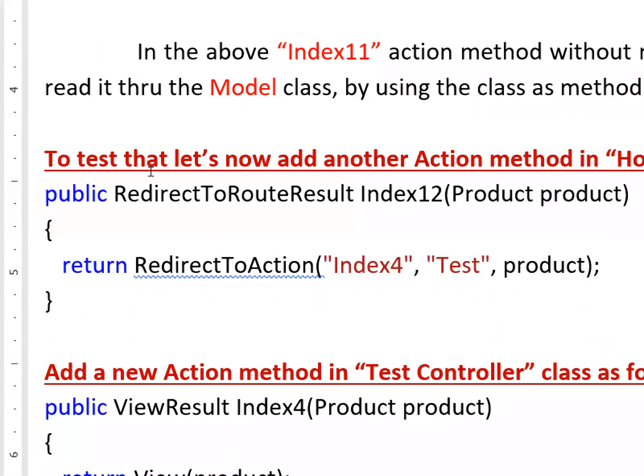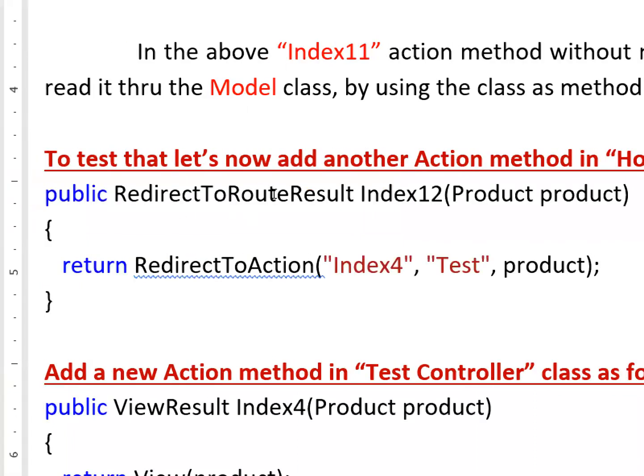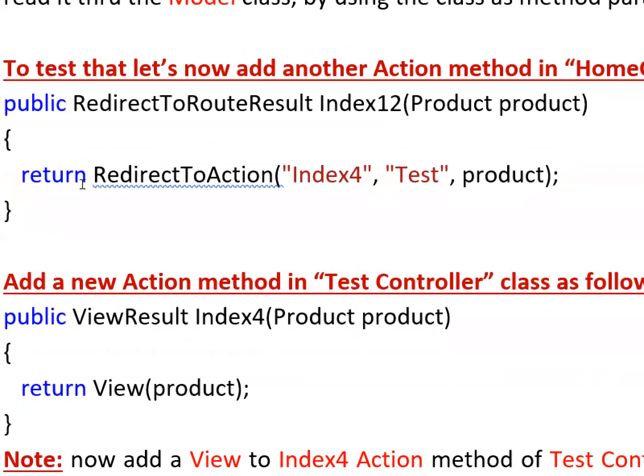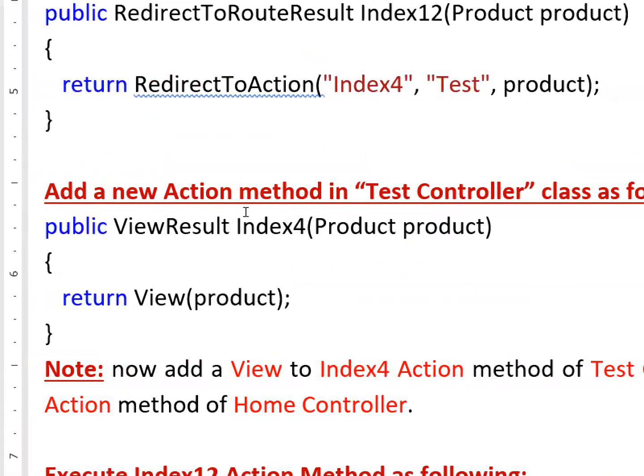To test that, let us now add another action method in home controller class as following. And next, you can also read it like this. Add a new action method in test controller class as following. Read the note.